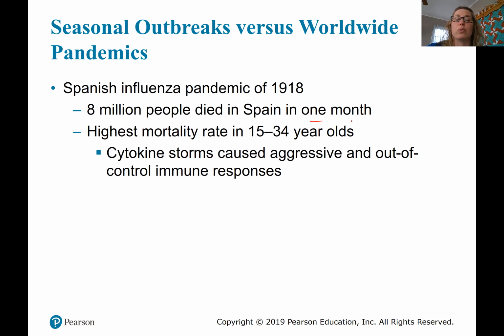The other thing that was unique about this Spanish flu is that young, healthy adults were the ones with the highest mortality rate.